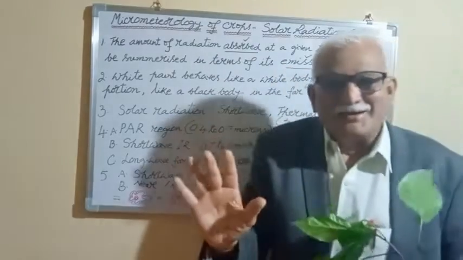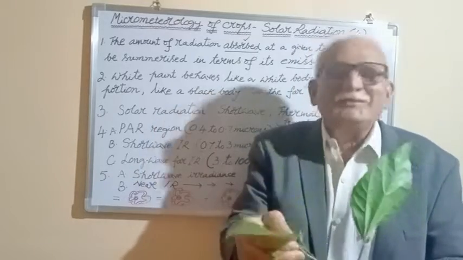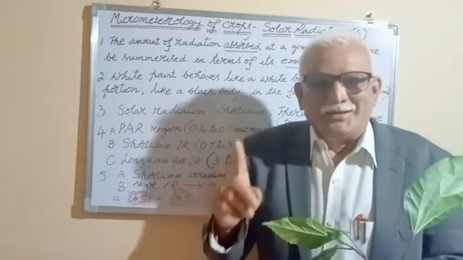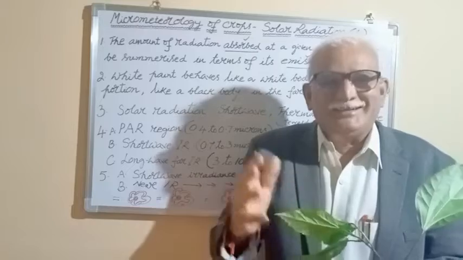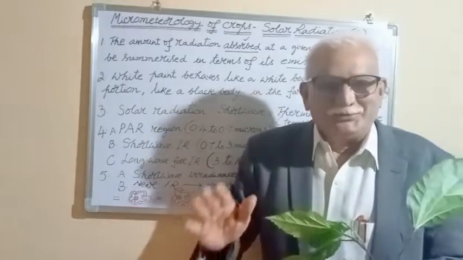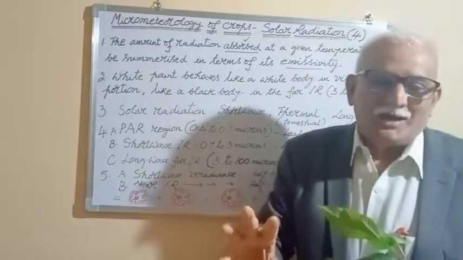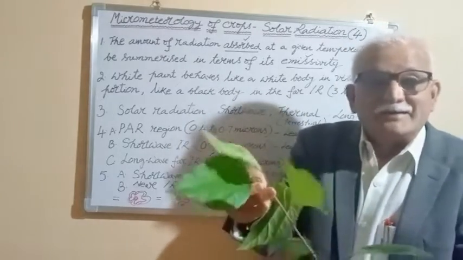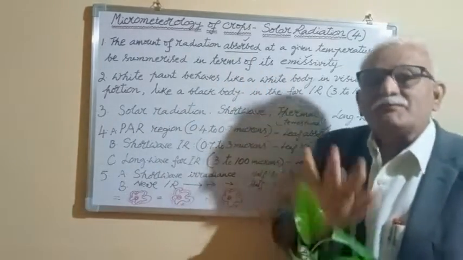As an agrometeorologist, we are interested in how much is absorbed, how much dry matter is produced. Even in crop growth models, the intercepted solar radiation and dry matter, we take even today, in the year 2021 as well. Why I am telling this is that Kirchhoff's law plays an important role in understanding the amount of radiant energy absorbed, and then we can summarize it in terms of its emissivity.